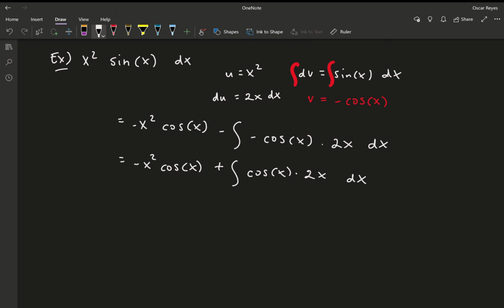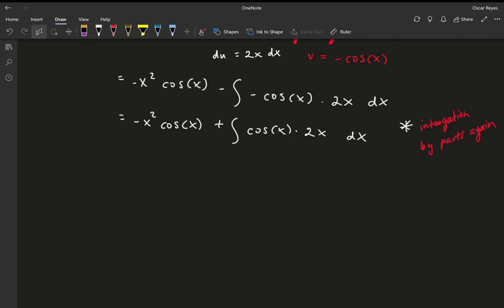So what we're left with in that integral is still a product, a multiplication. So what we're going to have to do here is integration by parts again. So as you can see here, you might have to do it multiple times.